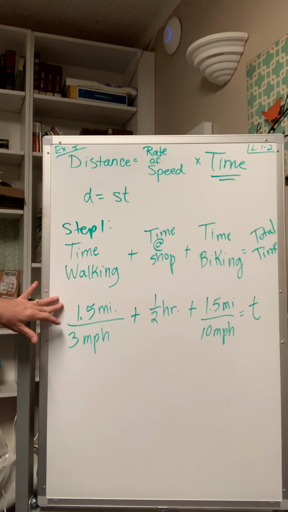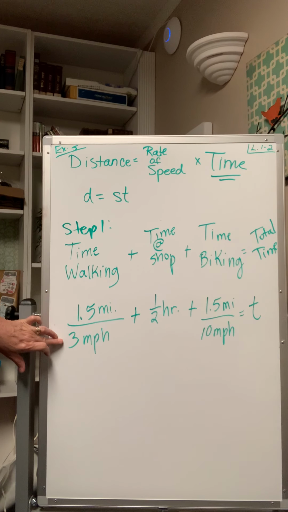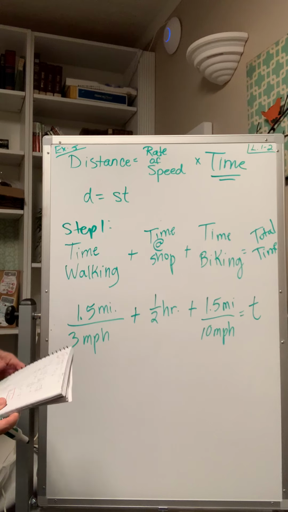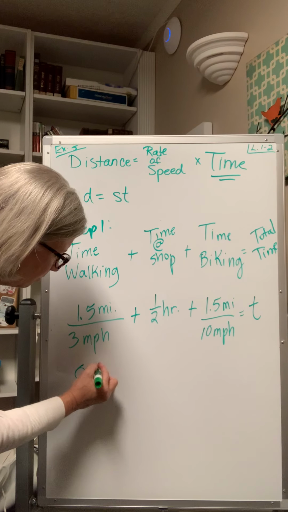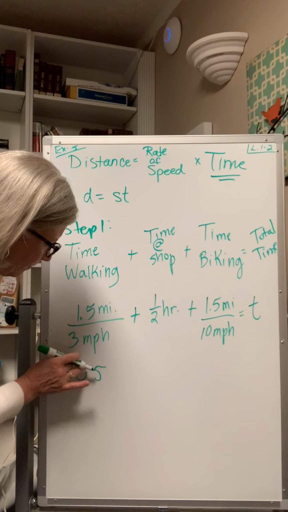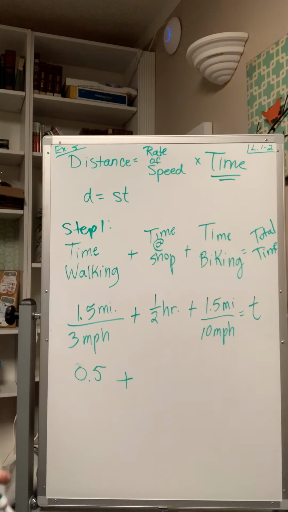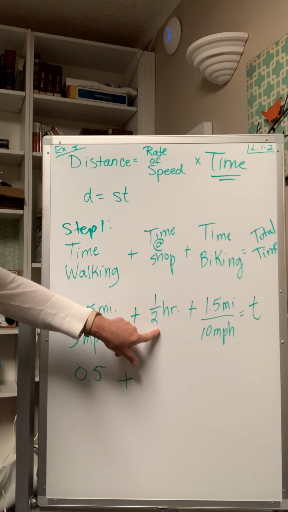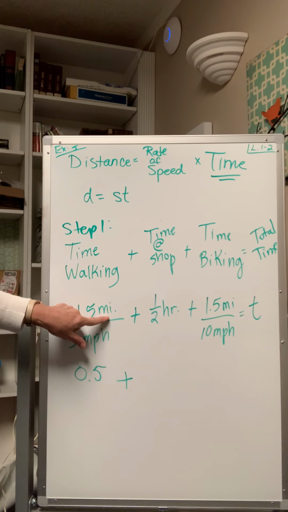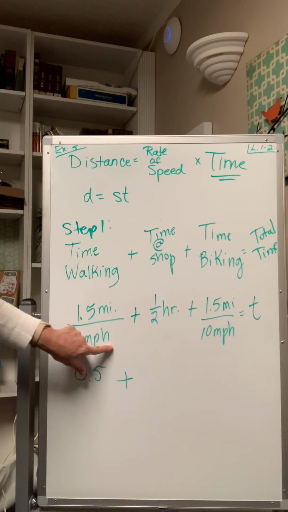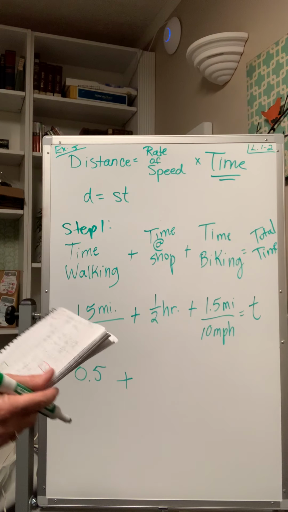If you have your calculator, you simply take 1.5 and you divide it by 3, and you're going to end up getting 0.5. And then we're going to add our time to this. And we notice here that we're talking about hours. Our rate is written as miles per hour.